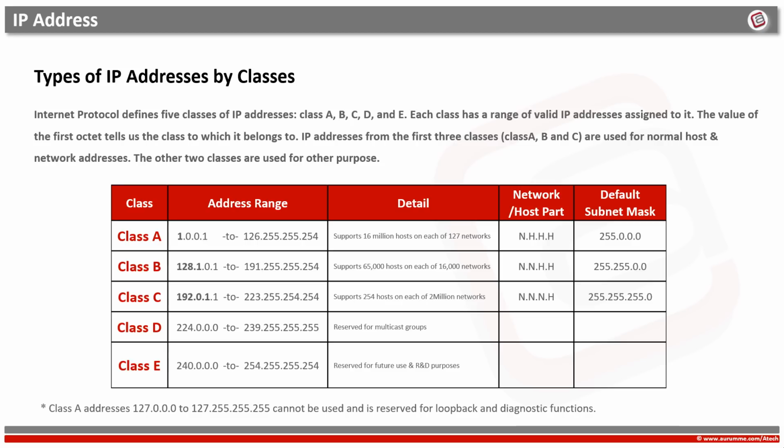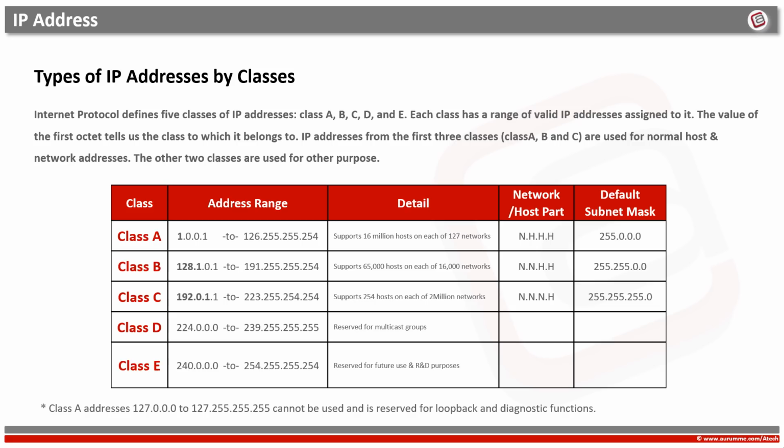So we can see that in class A, the first octet is for network and the next 3 octets are for host. Similarly, in class B, the first 2 octets are for network and the remaining 2 octets are for hosts. This leaves the class B IP address space for the support of 65,000 hosts on each of the 16,000 networks.